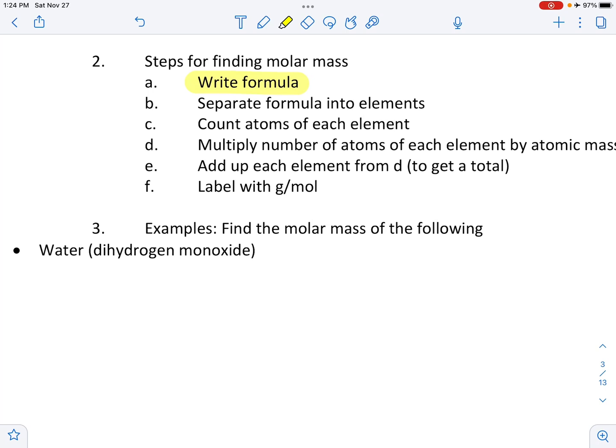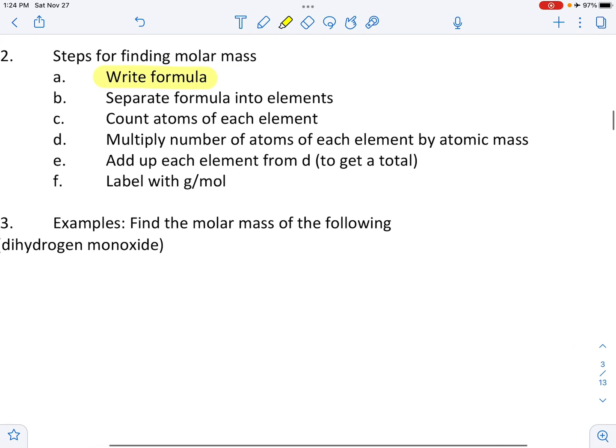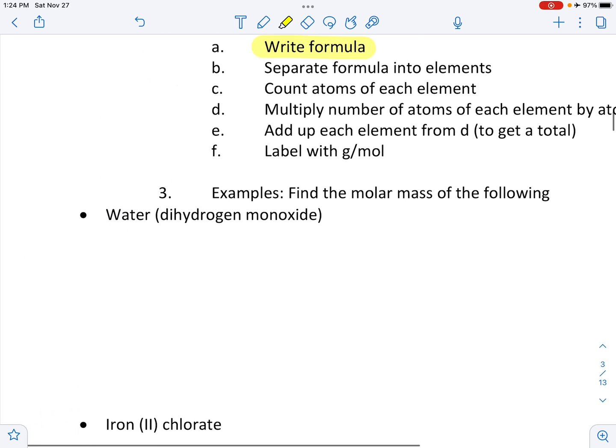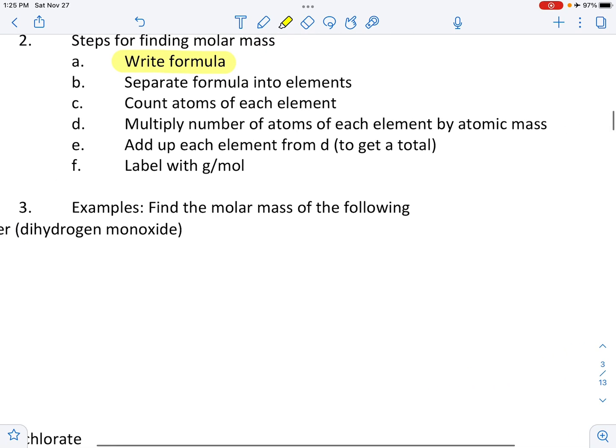Count atoms of each element, then multiply the number of atoms of each element by their atomic mass, then add it up to get a total, and then label with grams per mole. The other thing that we're going to do is keep 2 decimals, just to keep it fairly simple. Our molar masses, we're only going to have 2 decimals on.